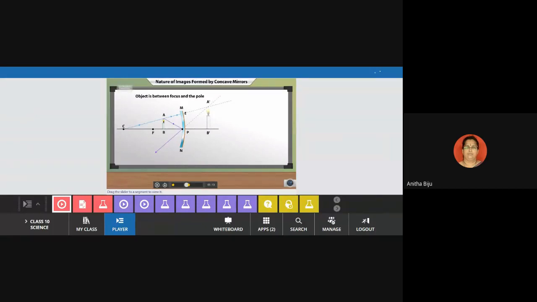Erect means the image appears the same way as the object appears, upright. Virtual means we can't catch it on a screen. Next, the size. You can see that it is magnified, or you can remember it is bigger than the object. It is larger in size as compared to the object.